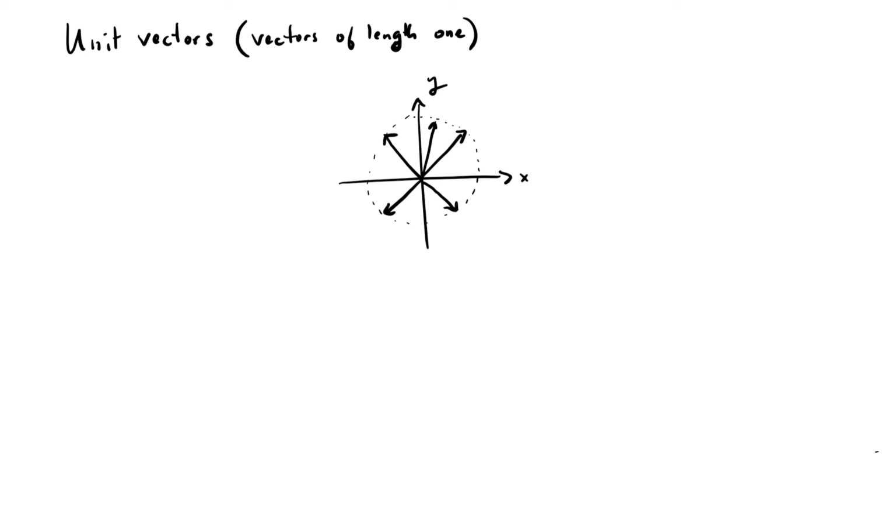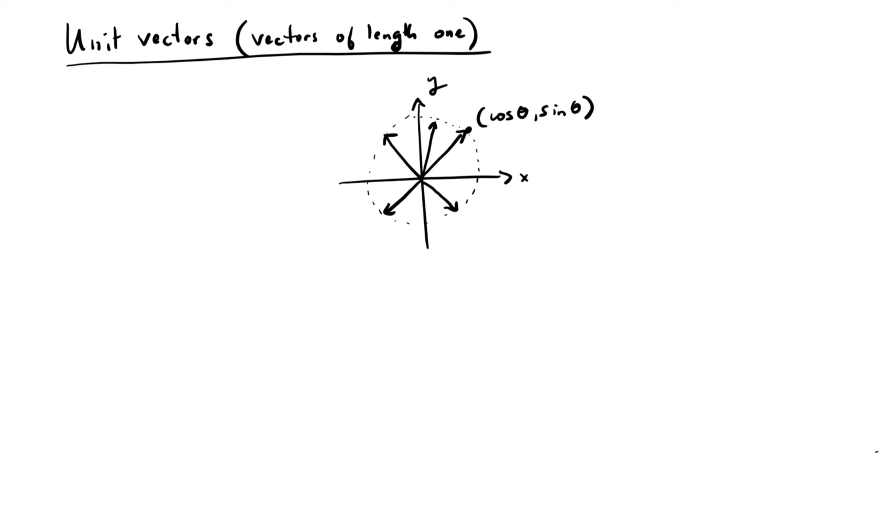So all these vectors are vectors of length 1. It's not too hard to understand that the coordinates of these vectors would be of the form cos theta, sine theta, right? So that's one thing. So in 3 space, those vectors would end up at a point on a unit sphere. Okay.